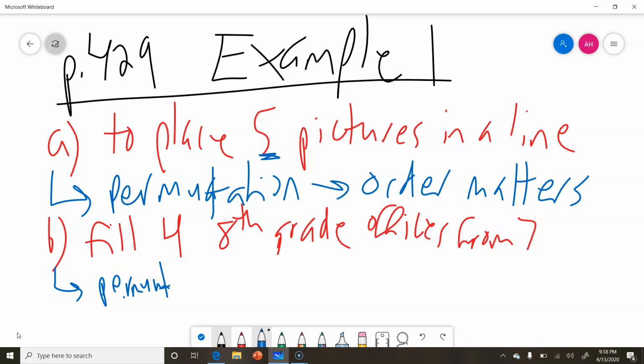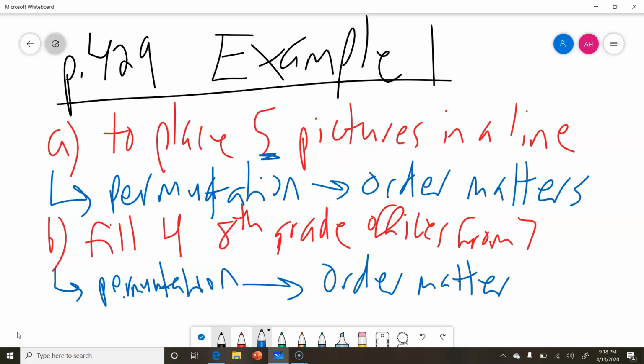Why? Because the order matters, right? If I'm trying to fill four spots from 7 people, if I take one of these 7 people and put them in the first slot, I can't put them in the second slot, right? It reduces the number, and so it makes way more combinations total. So again, the order matters.